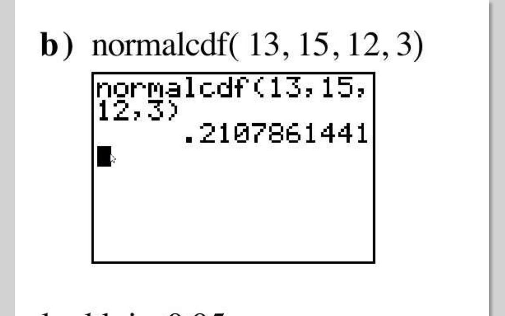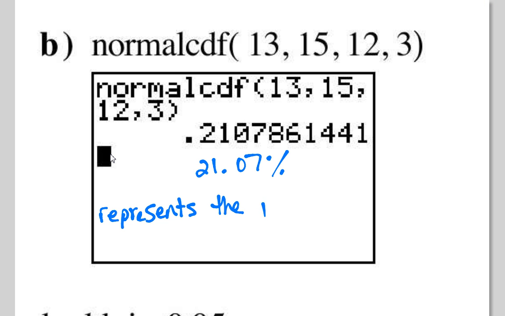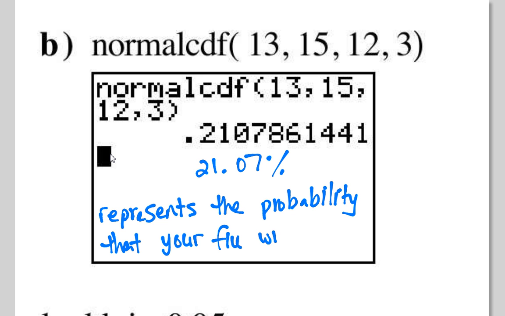This area, this 0.2107, that's 21.07%. What does that represent? That represents the probability that your flu will last between 13 to 15 days.